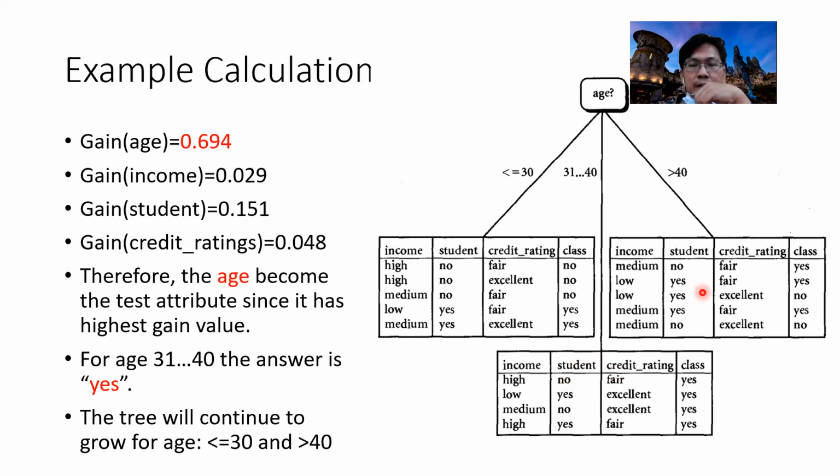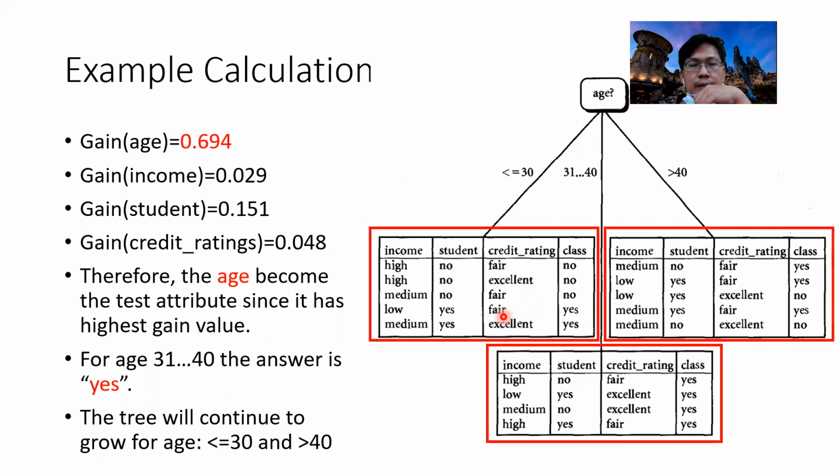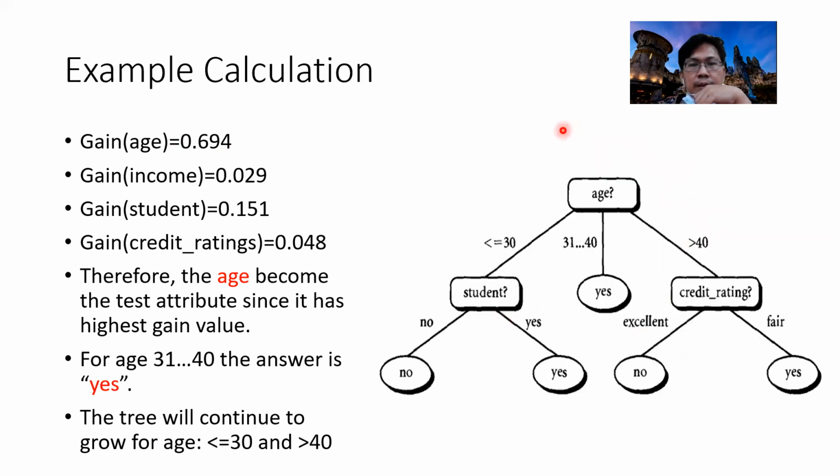For this and this, we have to calculate again using the similar method as before. And finally, we have the student as test attribute and credit rating as test attribute for the age branches. If the credit is excellent, they usually do not buy.